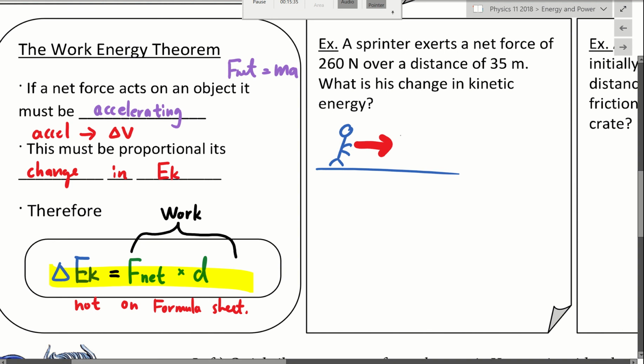Of course, you will have the forward force, but you also have a backward friction. But with everything included, the net force is 260 Newton, over a distance of 35 meters. So eventually you're here.